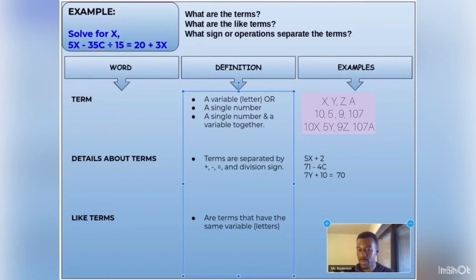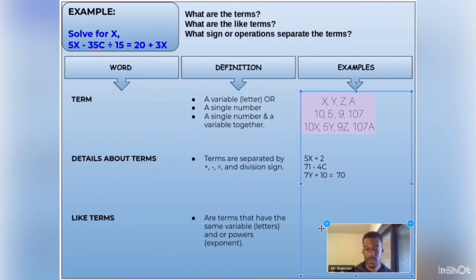Okay, same variable or letters, and or powers. Okay, and when I say power, I mean exponent. Exponent is when you have a number or letter, and then you have a little tiny number right in the top right-hand corner. Okay, that's the exponent. That little number in the corner.